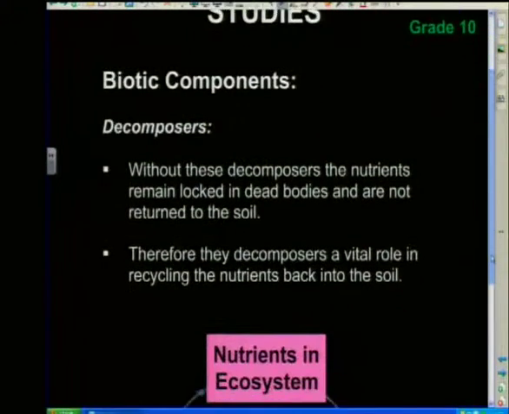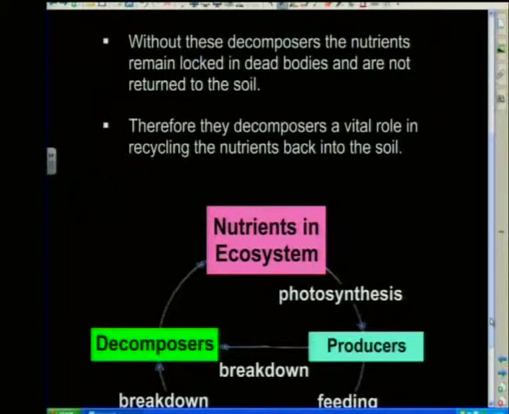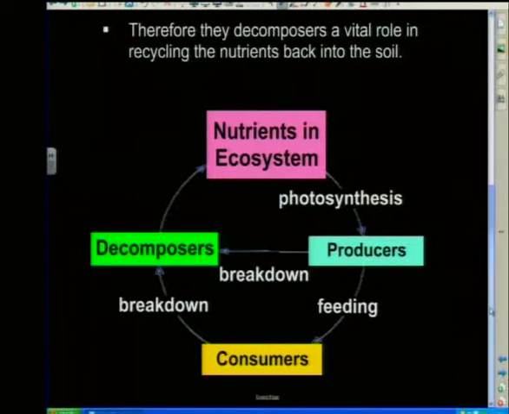Let's look at why decomposers are important. During the first few episodes, we looked at the nutrient cycle, and if we look at this nutrient cycle, we see that your decomposers play an important role throughout the ecosystem. They will help to decompose producers, so the dead dried plants will be decomposed.